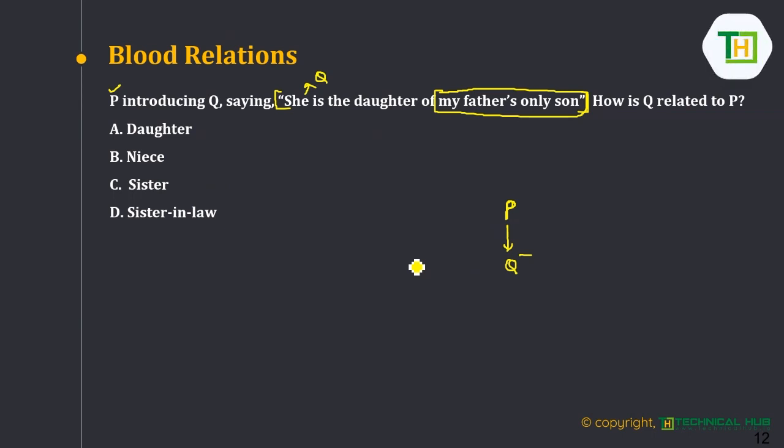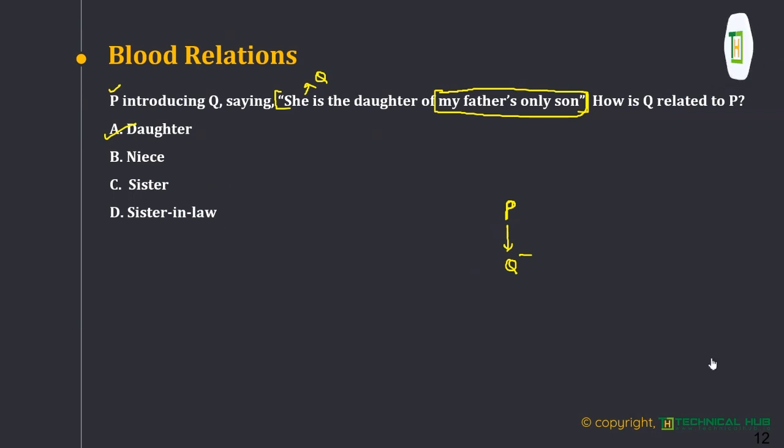If daughter is not there in the options, then I can take the possibility that P may be a female, her father's son is a brother of P, and the brother's daughter is Q. So Q can be the niece of P. Understand? Since daughter is there in the options, I'll go with daughter. If daughter is not there, then I will go with niece.